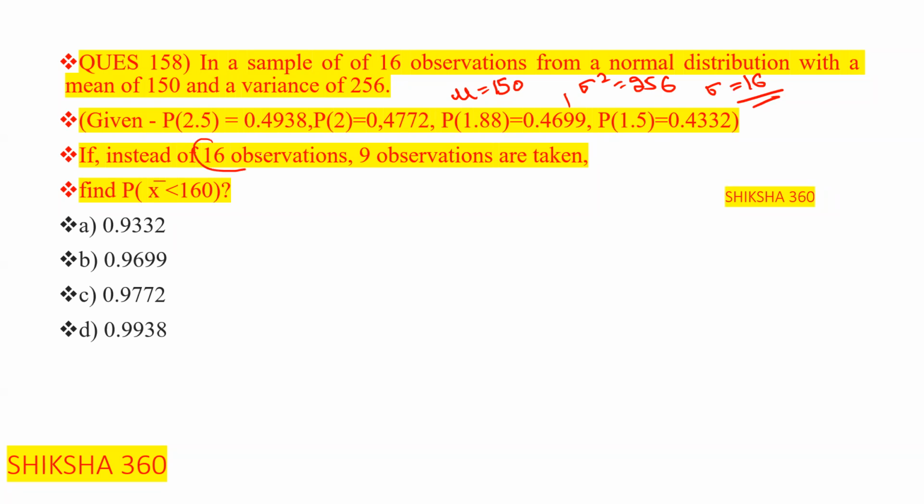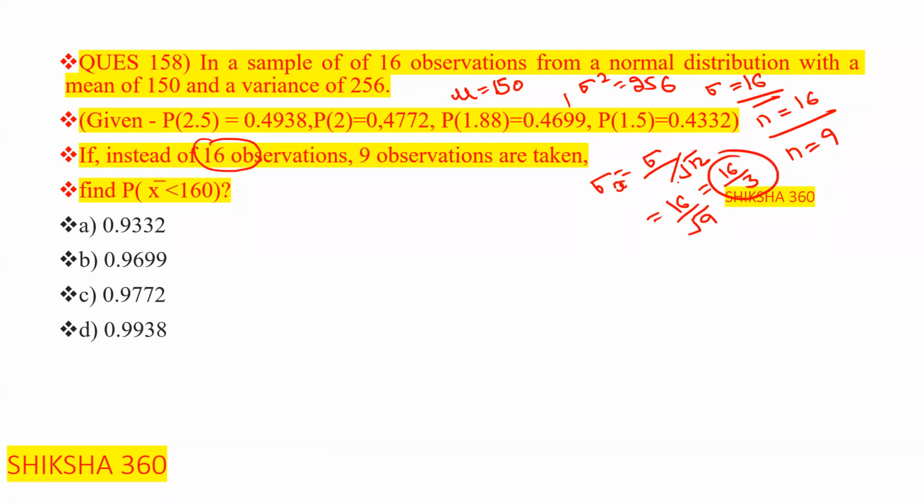If instead of 16 observations, as in the previous question where n is equal to 16, here n is equal to 9, the new sigma x bar is equal to sigma upon root n, that is 16 upon root 9, 16 upon 3. This is the new sigma x bar. Clear?